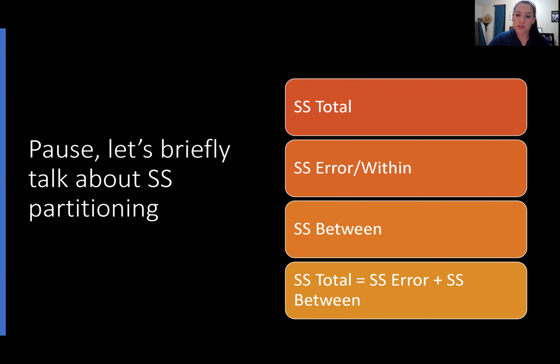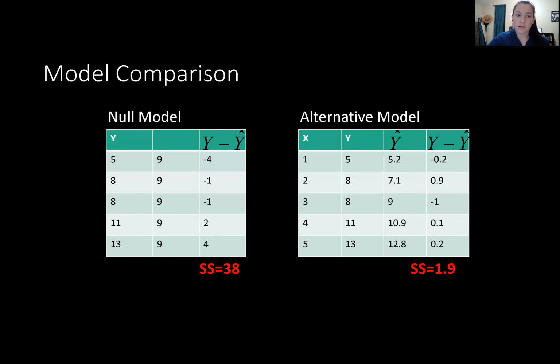So the sums of squares total. Let me see if I can explain this. If you look back here at this null model, you see the sums of squares equals 38. Basically it's saying, hey, there's this discrepancy to account for. There's some kind of variability going on where Y is not predicting Y hat.